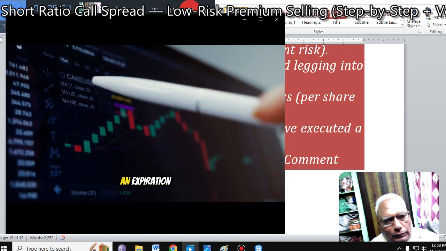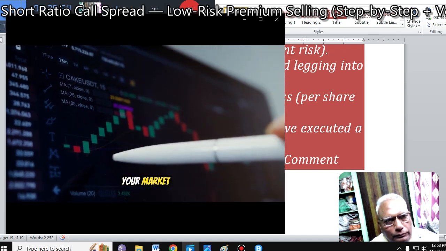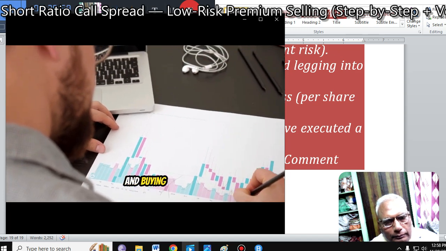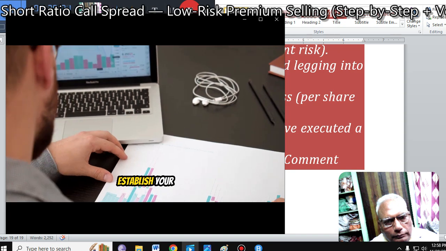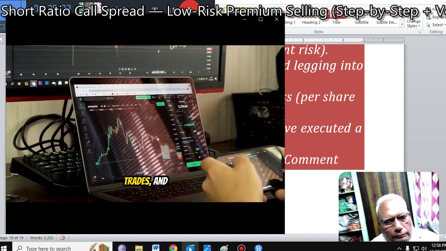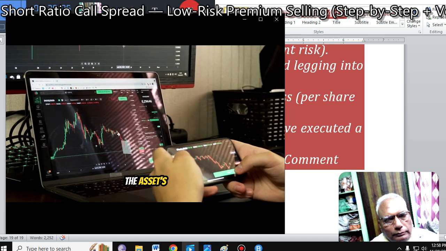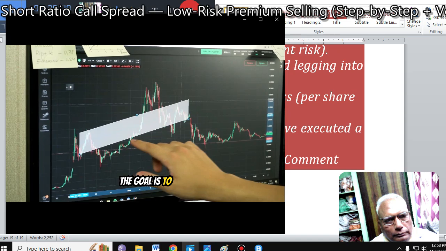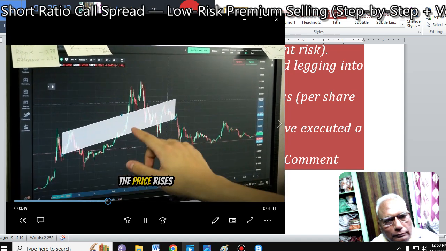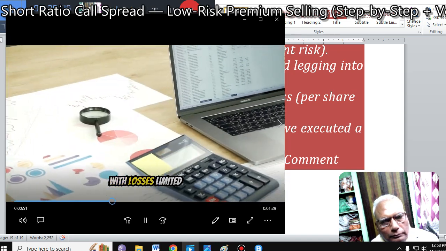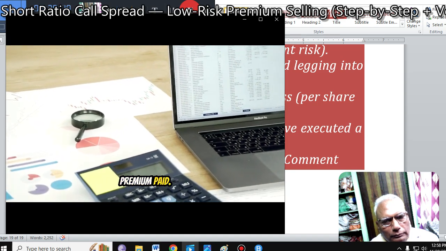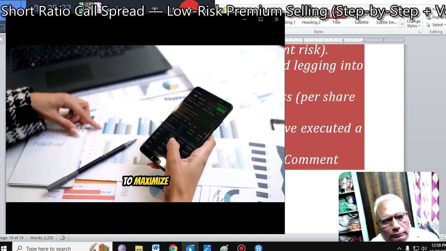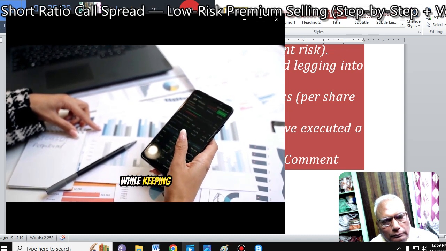Next, choose an expiration date that matches your market outlook, then determine the appropriate strike prices for both selling and buying call options. Establish your position by executing these trades and closely monitor the asset's price movements to manage risk effectively. The goal is to achieve a minimum profit if the price rises moderately, with losses limited to the net premium paid. Careful planning and ongoing oversight are essential to maximize the benefits of this strategy while keeping potential risks in check.